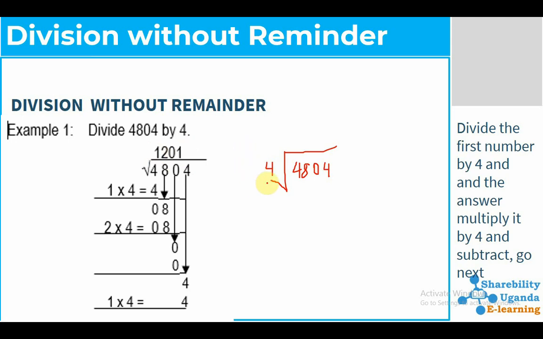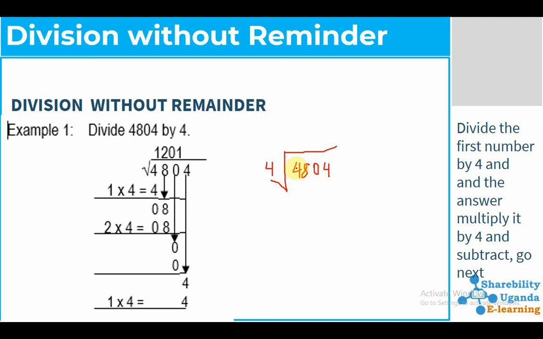We start with our figures on the left, and we finalize with our right. We start figure by figure. We have a 4 here.